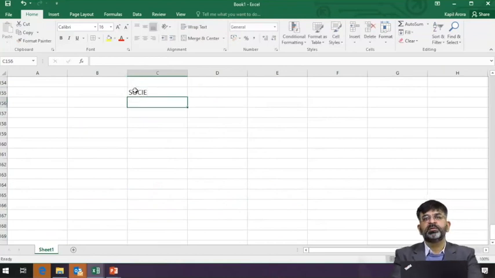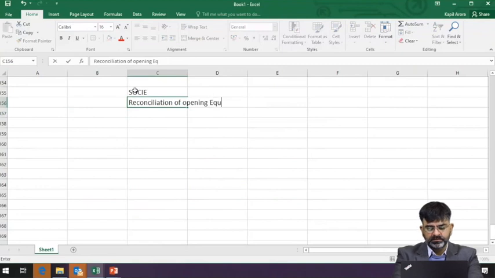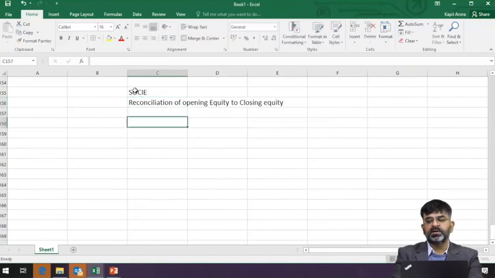So change in the promoters' fund, exactly, change or movement in equity. And how do we present it? It is actually nothing but the reconciliation of opening equity to closing equity. What does it mean?